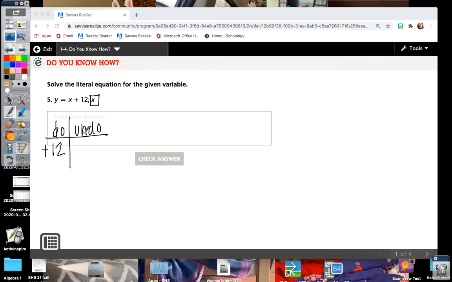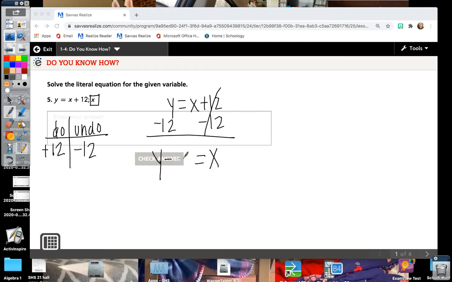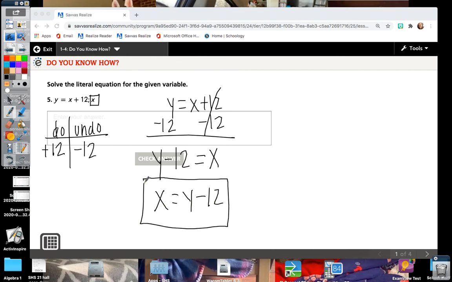So our undo would be the opposite, and we minus 12. So x equals, and we can't combine them, we just bring them straight down. Y minus 12. Or you can put x first, but it's still y minus 12. That is it. Okay, number 6.